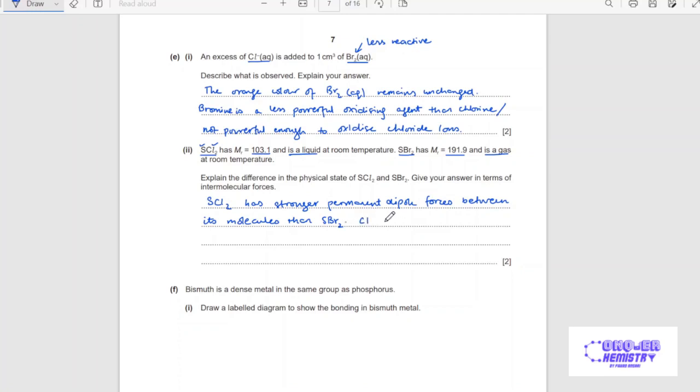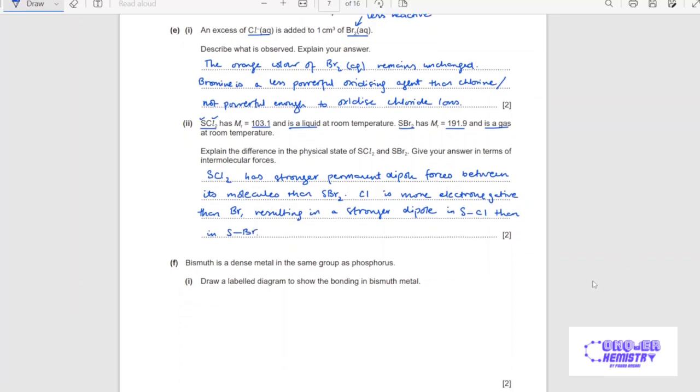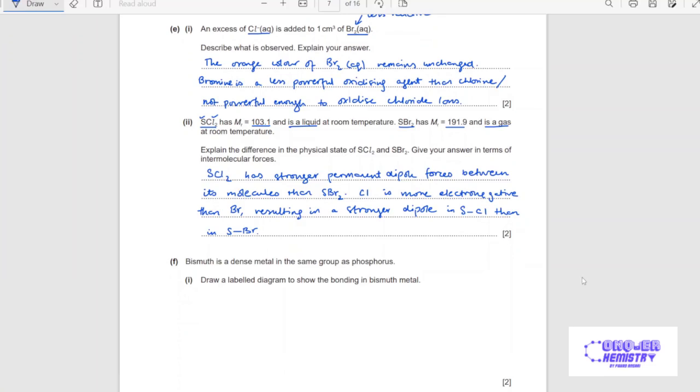So we will say that Cl is more electronegative than bromine, resulting in a stronger dipole, permanent dipole, of course, in the SCl single bond than in the SBr single bond. All right, so that's the reason why SCl2 is a liquid, but SBr2 is a gas.